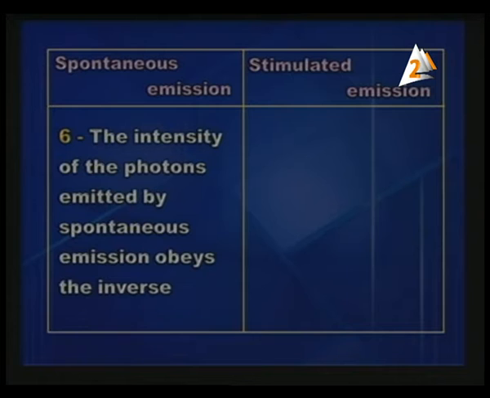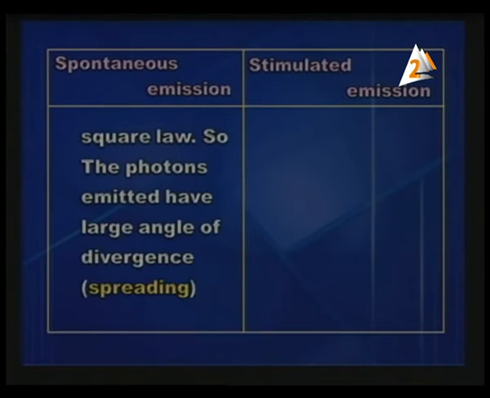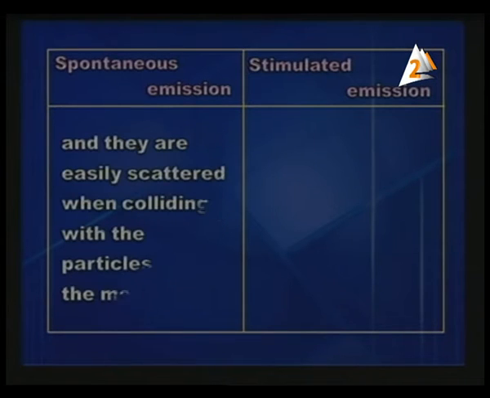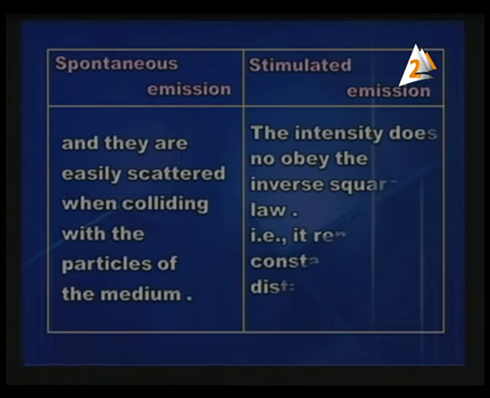The intensity of the photons emitted by spontaneous emission obeys the inverse square law of light. So the photons emitted have a large angle of divergence. They are divergent, with a large angle of spreading, and they are easily scattered when colliding with the particles of the medium.